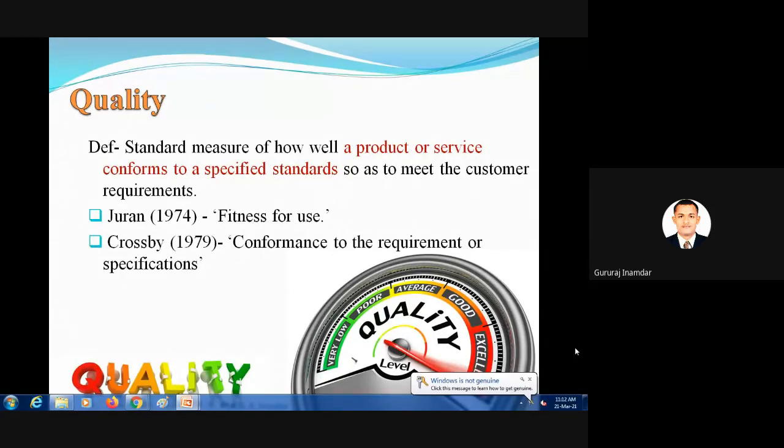A standard measure of how well a product or service conforms. Quality is also for service. If you go to a municipal hospital or cottage hospital, or to a private hospital, what are the differences between them? Definitely we will compare them. Service is also required, so quality is also important.